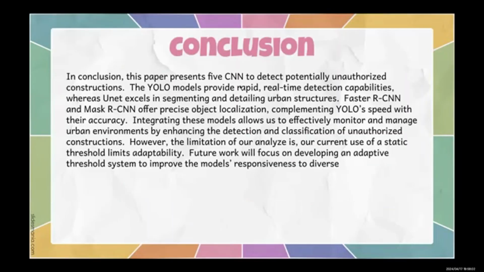Conclusion. In conclusion, this paper presents 5 CNN models to detect potentially unauthorized construction. The YOLO models provide rapid real-time detection capabilities, whereas UNet excels in segmenting and detailing urban structures.